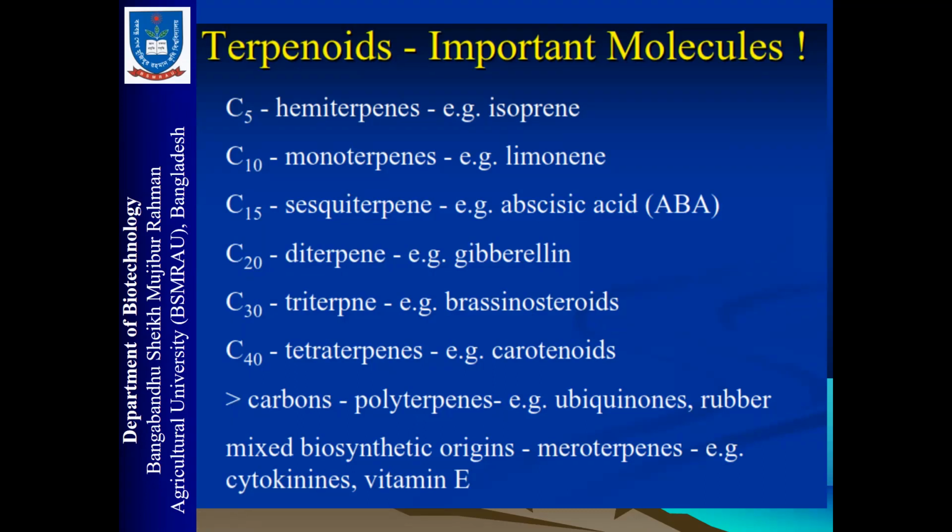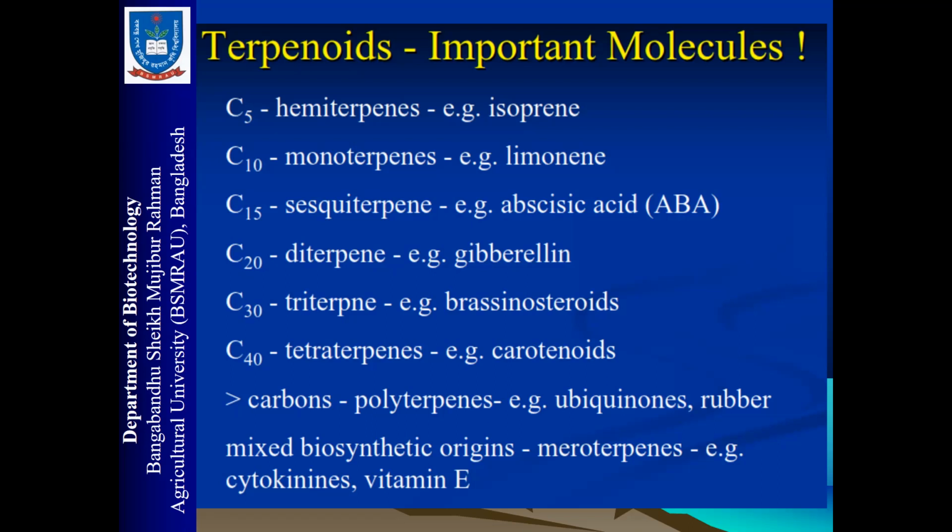Today, we are going to start on terpenoids, the most important class of secondary metabolites. There are different classes of terpenoids: hemiterpenoids or hemiterpenes, monoterpenes, sesquiterpenes, diterpenes, triterpenes, tetraterpenes, or polyterpenes.